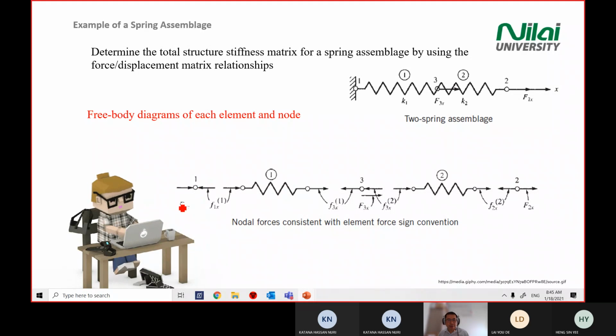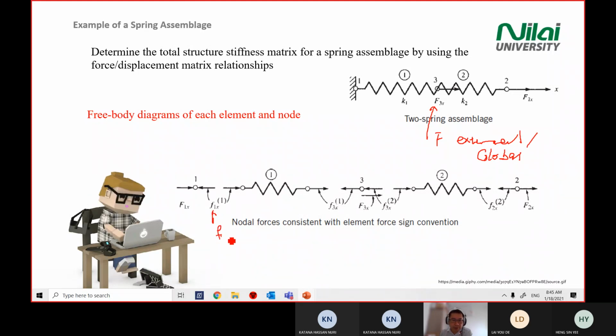For node 1, you have F1x, the force at 1x. Remember, the capital F means the external or global force, and a small f means you look at the element.